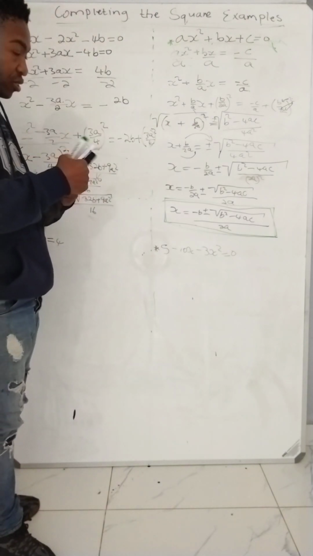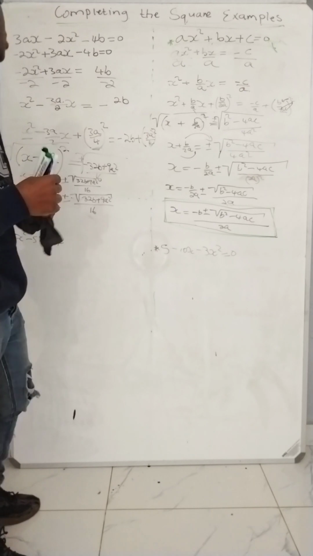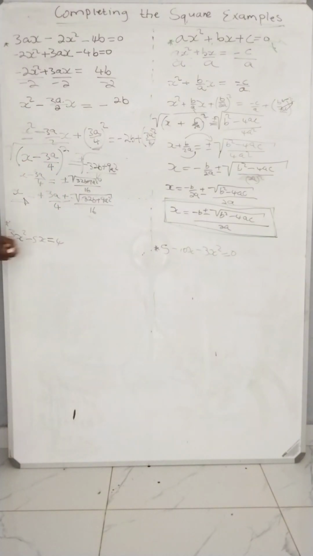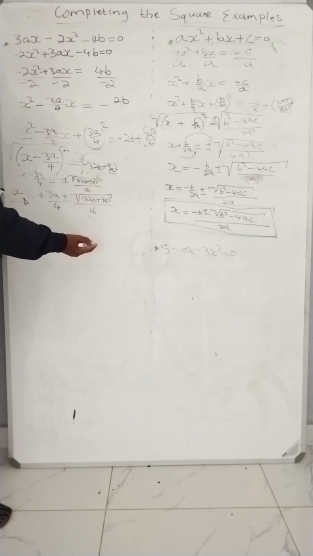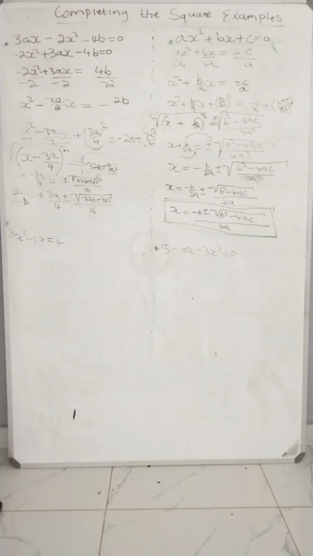What you must notice is that if you have your quadratic equation like this one, in the form of 3x squared minus 5x is equal to 4, which is not in standard form, you can put it in standard form first, which is 3x squared minus 5x minus 4 is equal to 0. That 4 will come to this side, okay? Now you have everything in standard form.